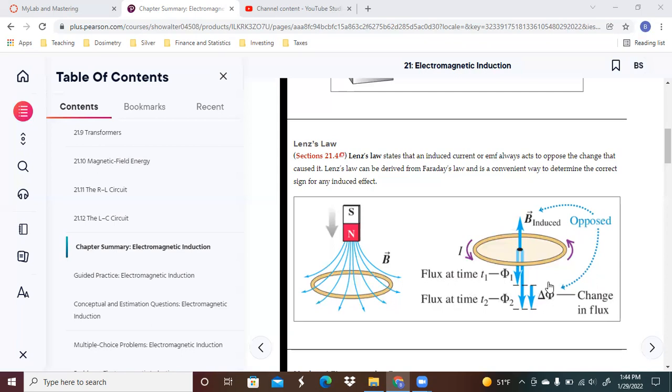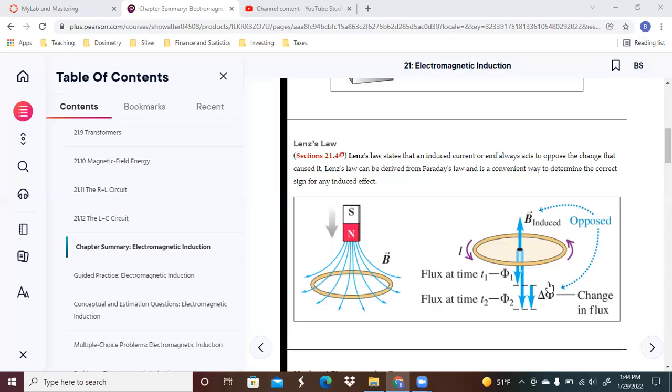Nature doesn't like it when you start changing things when it comes to electric currents or magnetic fields or things of that sort. So when you have a changing magnetic flux, nature wants to keep the flux the same as it was. It's trying to resist the change.